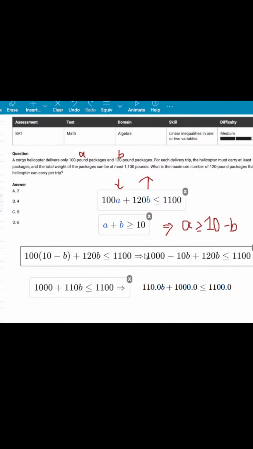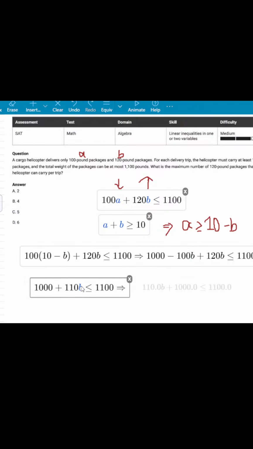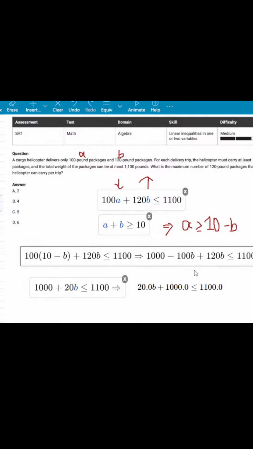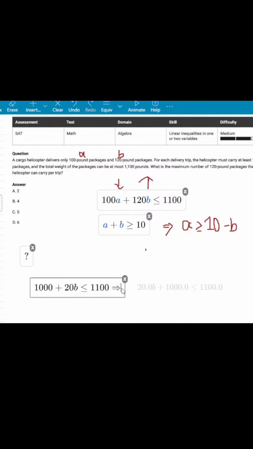There is a mistake here, since 10 will multiply by 10, so it will be minus 100b plus 120b, which is 20b. So now this is correct.